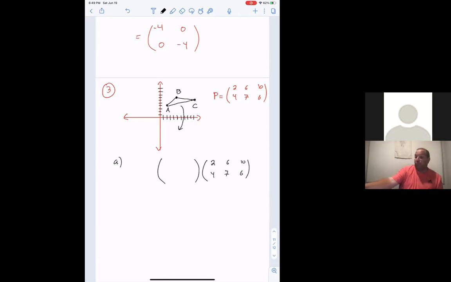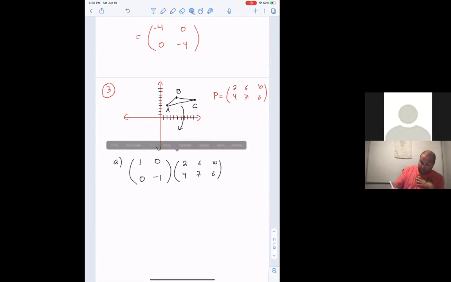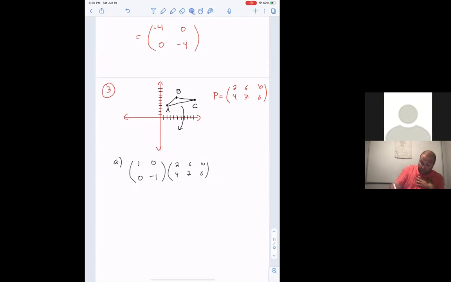Well, if you look at my reflection across the x-axis, theta is 0 degrees. My reflection matrix for 0 degrees is cosine 0 degrees, sine 0 degrees, sine 0 degrees, negative cosine 0 degrees. So I apply my rotation matrix, and I can do all 3 at the same time. Notice how 2 by 2 times 2 by 3 gives me a 2 by 3.